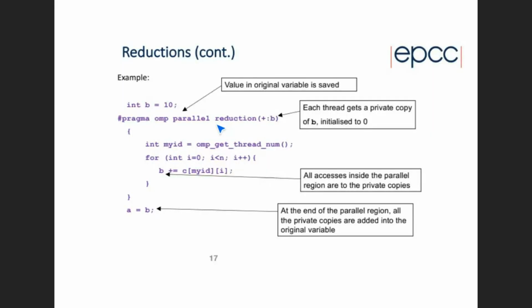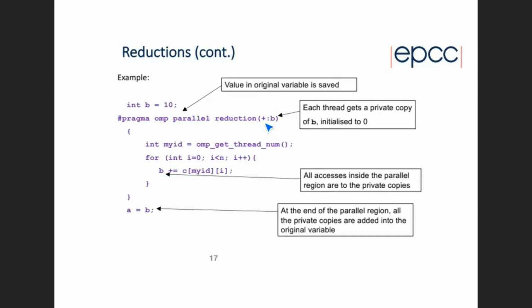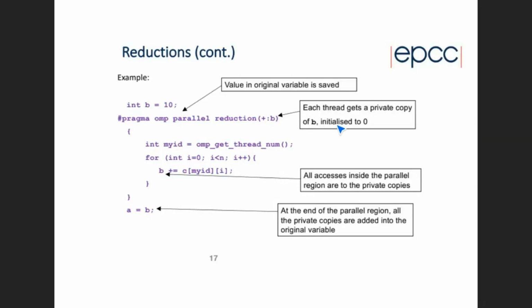then what will happen here is that essentially the value in the original variable is remembered. Every thread at the start of the parallel region will get a private copy of b. And because the operator is addition, those private copies will be initialized to 0. So the initialized value depends on the operator.